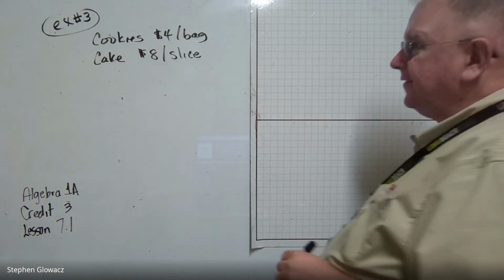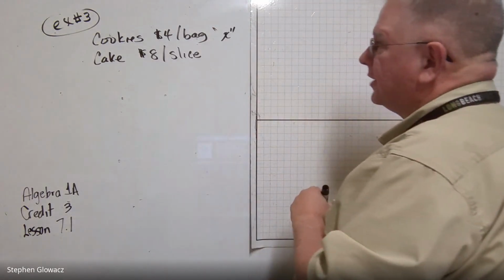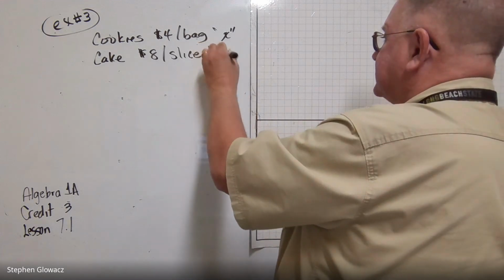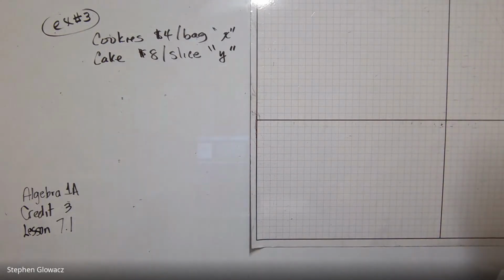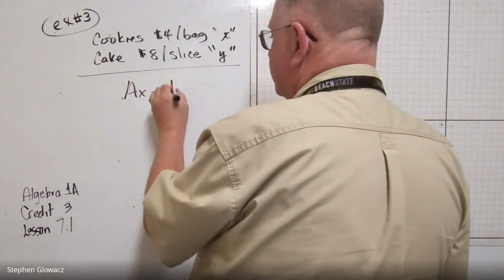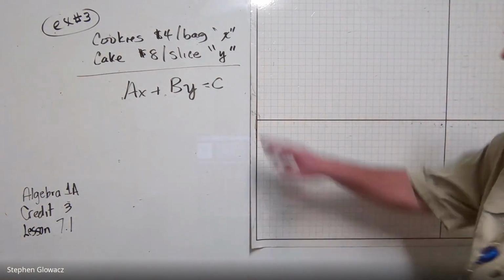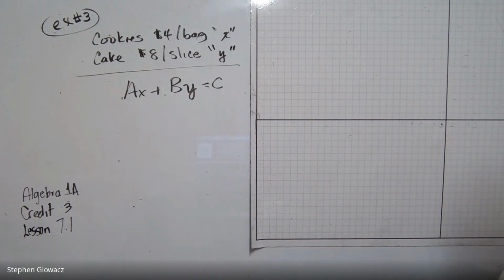So just like in the problem, the number of bags of cookies will be represented by X, and the number of slices of cake will be represented by Y. So we're going to put this in the form of AX plus BY equals C, our standard form for a linear equation. And it turns out this is actually really quick to do.